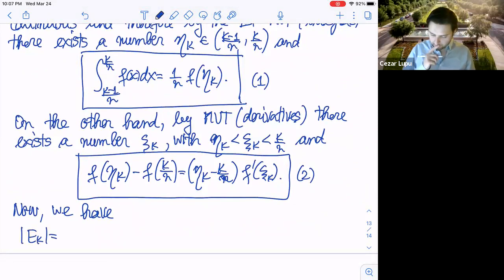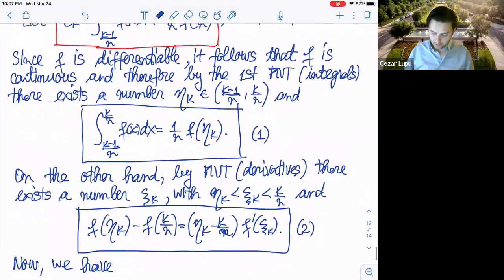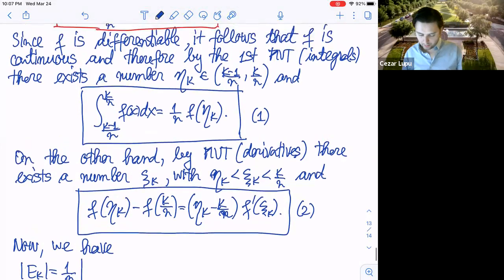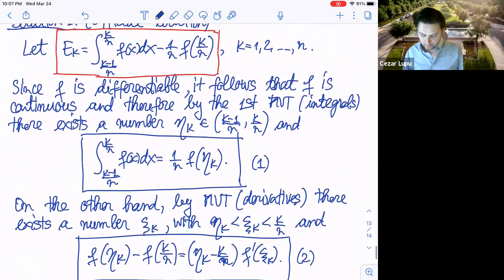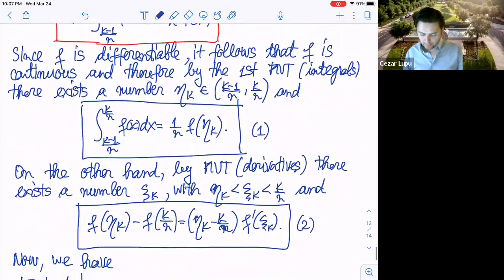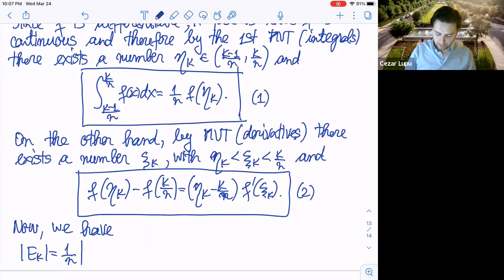This will be this integral minus 1 over n times f of k over n. So this would be the absolute value of 1 over n times (f of eta_k minus f of k over n), right?